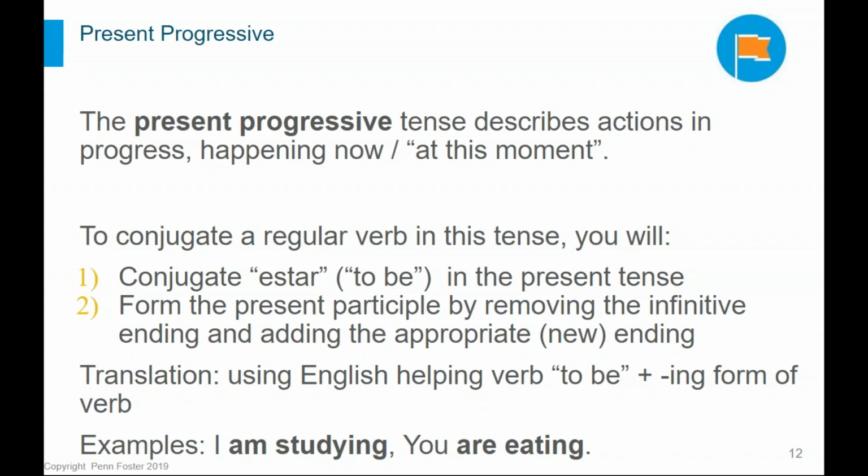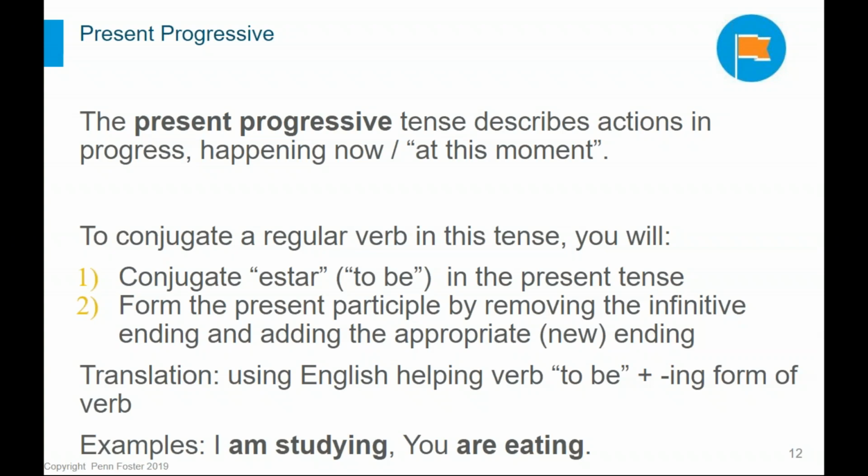If somebody is doing something right now, is and am and are, they all come from the infinitive to be in English, which in this case is estar in Spanish. So you're going to have to conjugate estar to agree with the subject, and then you're going to form what I mentioned earlier, the present participle or the gerund of the next verb, the thing that is happening: eating, doing homework, running, etc. So you must have two parts, all right? That's one major difference compared to present tense conjugations.